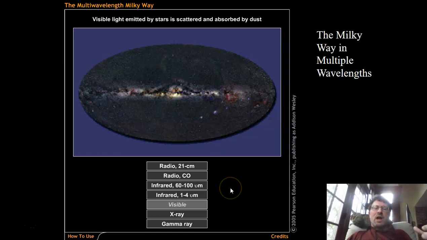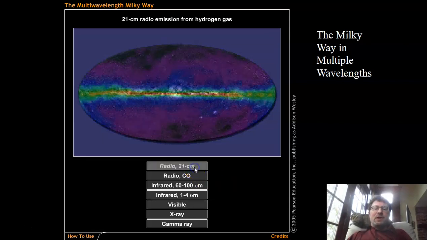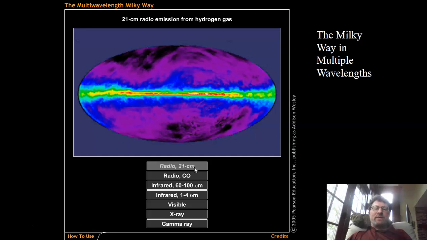So we can learn a lot by looking at our galaxy in different wavelengths. So for example, if you look in the radio at the 21 centimeter wavelength, and 21 centimeters is a special wavelength. It corresponds to when an electron in the ground state of hydrogen goes through a spin flip. And so that releases a very long wavelength light, 21 centimeters, right?